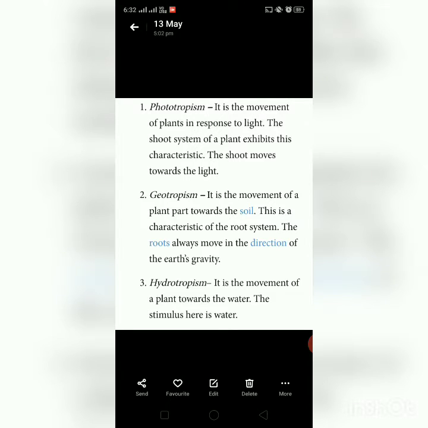Geotropism. It is the movement of plant parts towards the soil. This is a characteristic of the root system. The roots always move in the direction of earth's gravity.